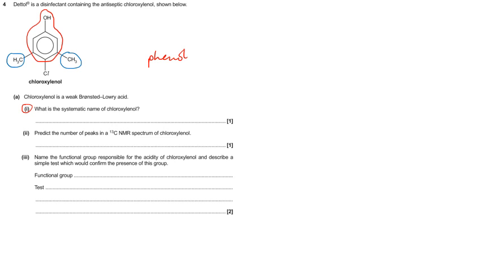So we're going to have dimethyl in the name as well. It's going to be a component of the name. And lastly we've got a chloro in there as well. So these two are going to be the prefixes, and that's going to be the suffix because that's the priority group.